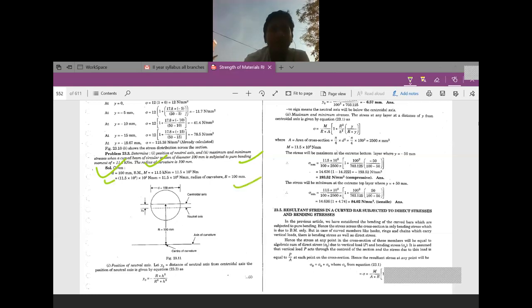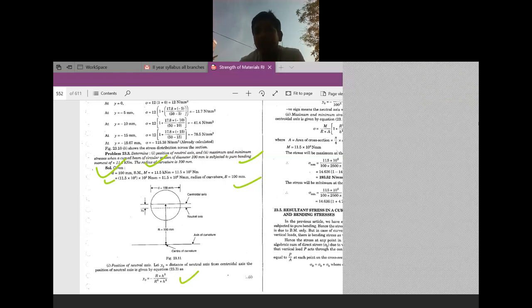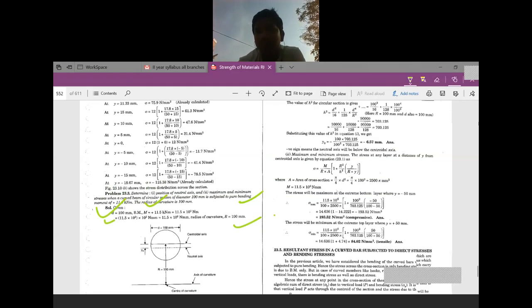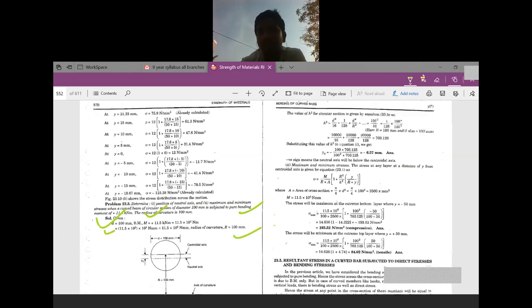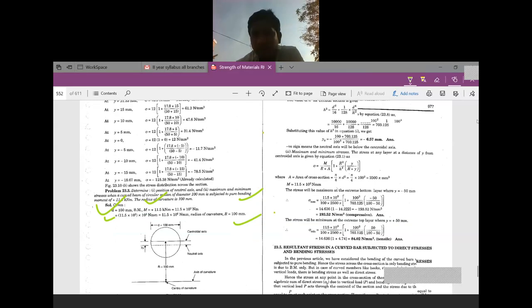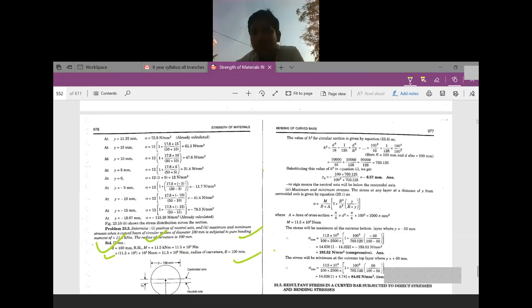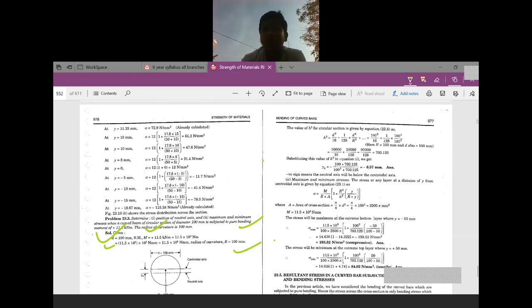Here you first calculate the formula for y naught. The value of h square is what you calculate first.